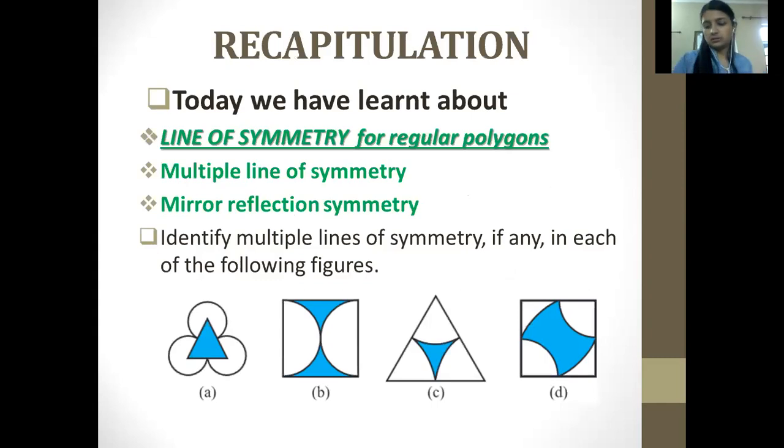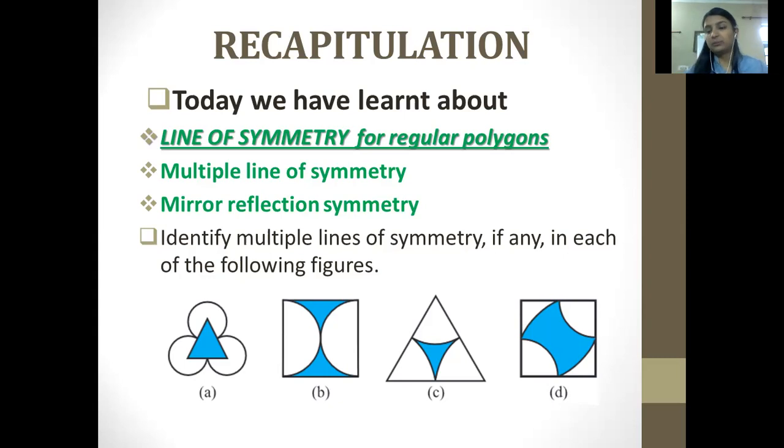Okay, so now let us conclude what we have done in today's class, that is line of symmetry. First of all, we understood the line of symmetry in regular polygons. Then we did multiple lines of symmetry, like how many lines of symmetry we can apply on a single figure or object. And what about the mirror reflection?